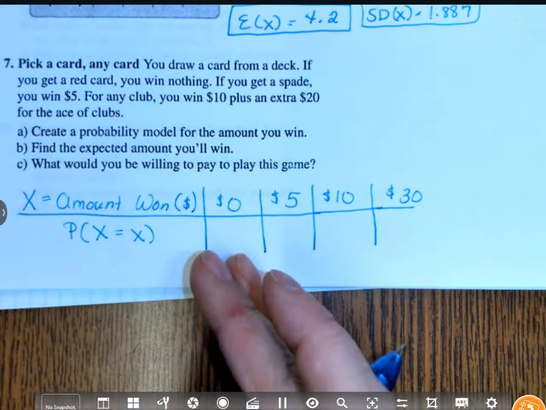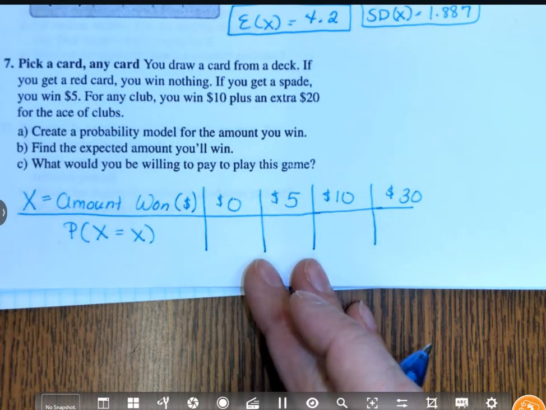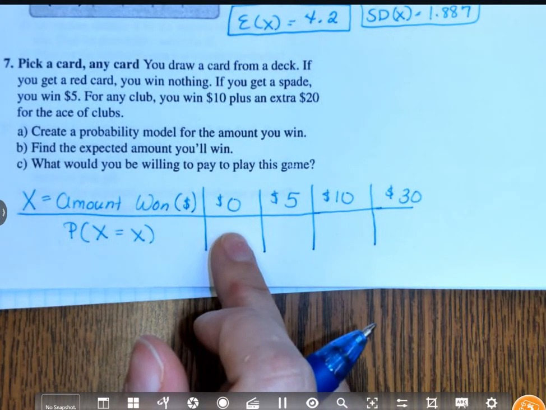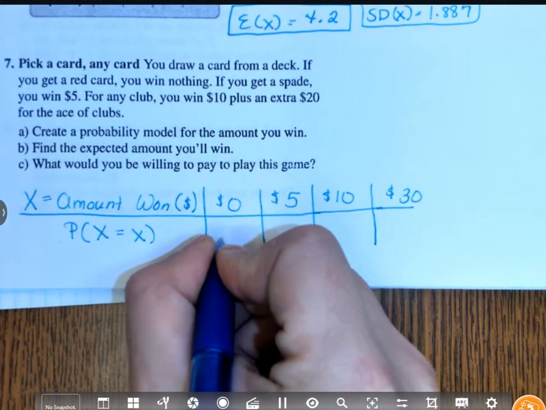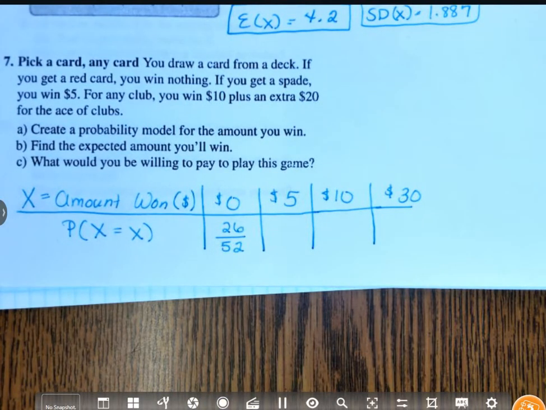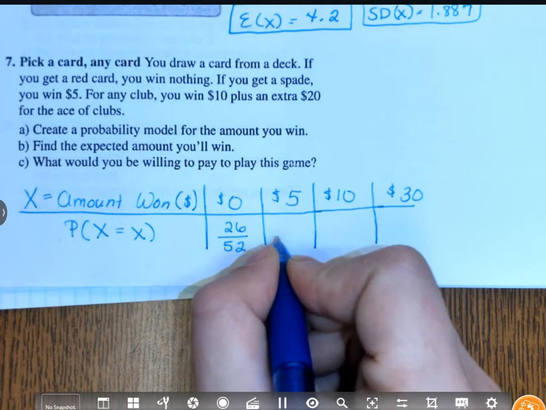Now, when we're creating our probability model, you need to make sure that I can tell where your answer comes from. I think it's easier just to do fractions. So in order to get $0, what has to happen? It's a red card. How many of the cards are red? Okay, in order to get $5, what do I need?